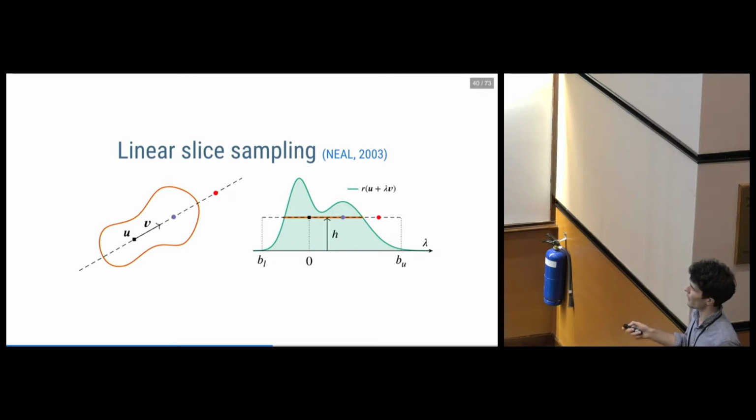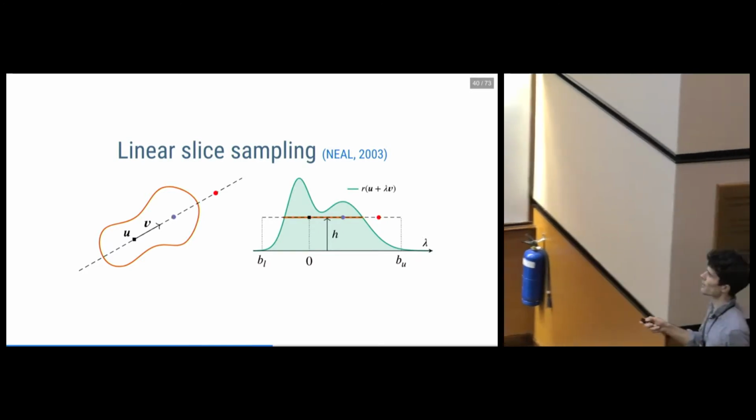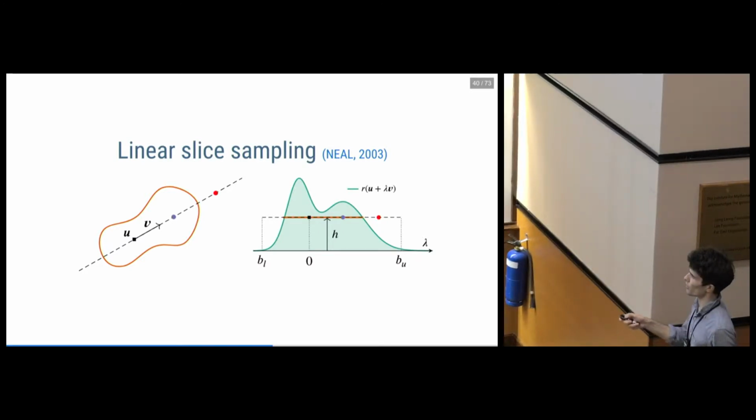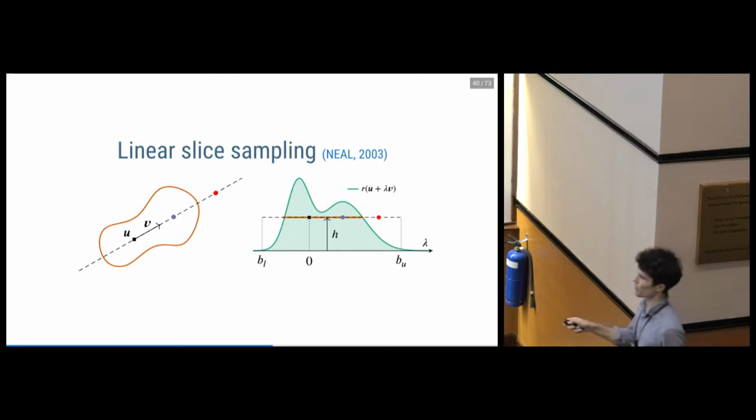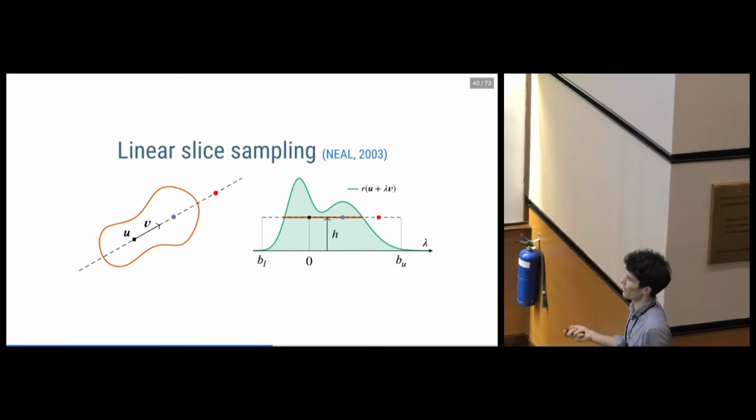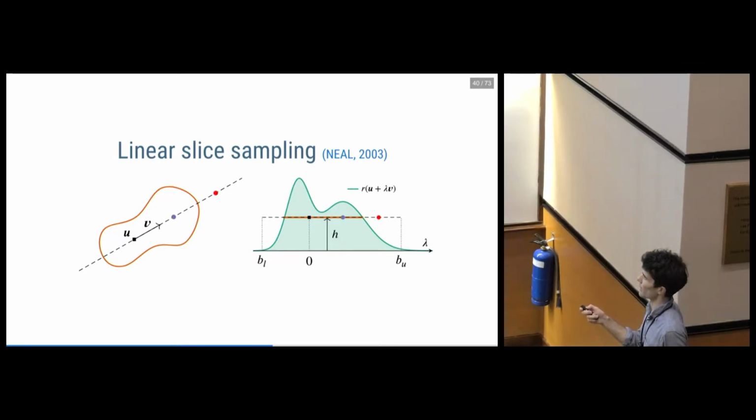And then I sample some Bernoulli variable to say if I'm going to go forwards or backwards along this line. I add on a segment of equal length to the initial bracket. And I keep doing so until I extend outside of the slice, so I reach some points, say, here and here. I test that I'm outside the slice by comparing the density at that point to my slice variable and seeing whether I'm above or below it.